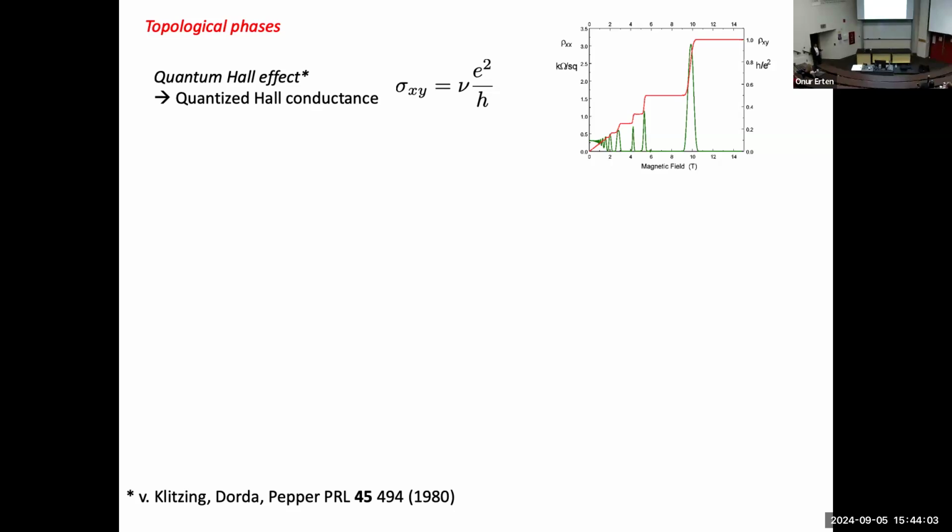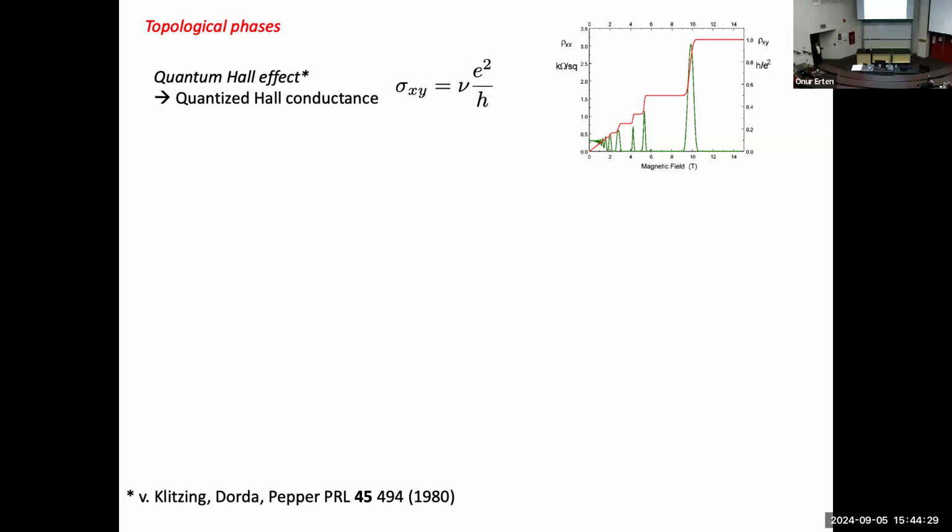And these plateaus actually correspond to quantized conductivity. So here, nu is an integer. So this one would be nu equal to 1, nu equal to 2, nu equal to 3, nu equal to 4, etc. And this quantization is so exact that this is one of the best ways to measure Planck's constant.